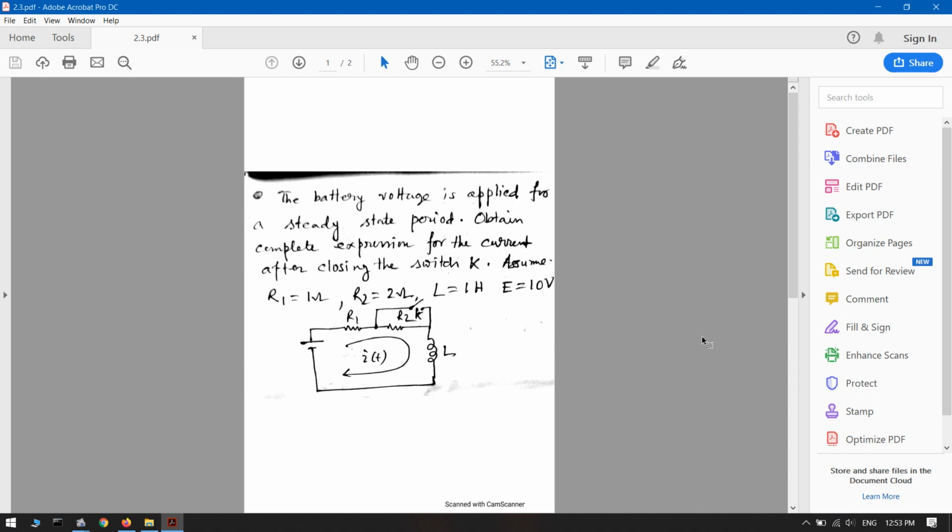Expression of I of S: put I naught equal to 3.33 and go for partial fractions, A by S plus B by S plus R1 by L, where R1 equals 1, L equals 1, so that will be A by S plus B by S plus 1.